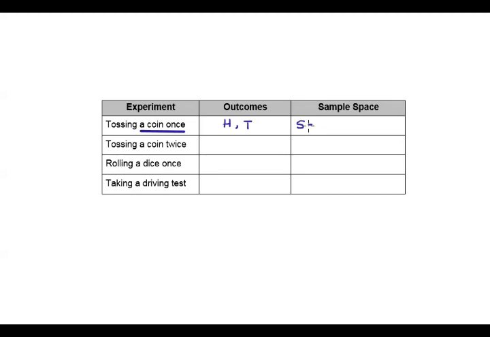S equals {head, tail}. Tossing a coin twice, there are four possible outcomes: head, head; head, tail; tail, head; and tail, tail. List out all the possible outcomes into sample space.